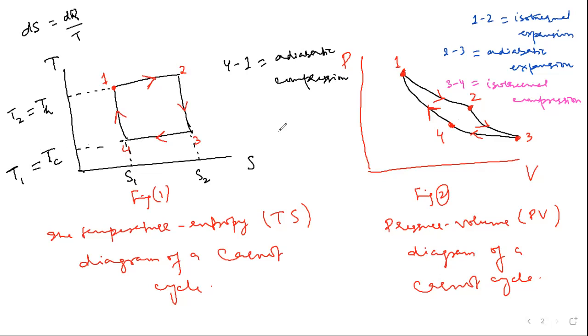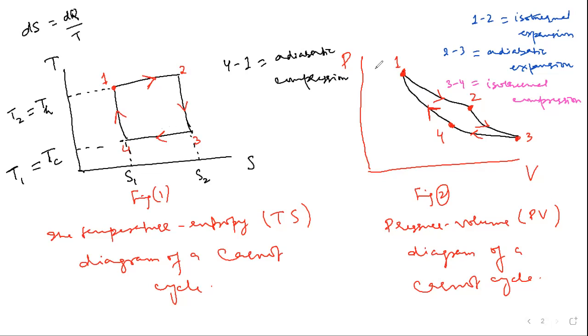So what is happening to the entropy of the system from 3 to 4? Entropy is decreasing because heat is being rejected by the system to the cold reservoir. So dQ is negative, so the change in entropy is negative. So the entropy of the system decreases from S2 to S1, from point 3 to 4, right?